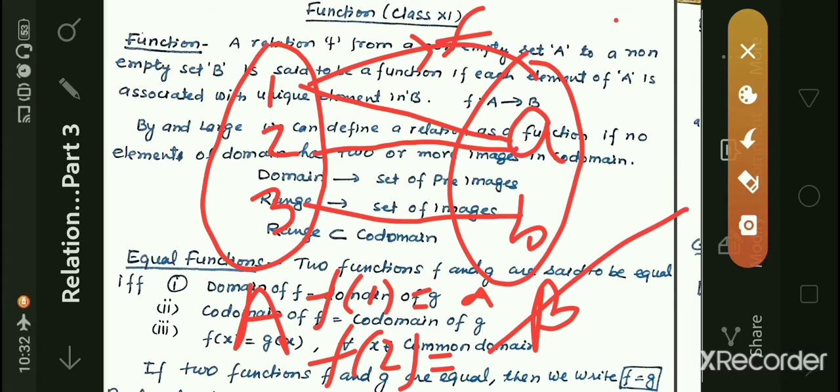Image of 1 is a, image of 2 is a, image of 3 is b. The image of each element is unique here because no element has two images. I repeat, no element has two images. Two elements can have one image, but an element cannot have two images.